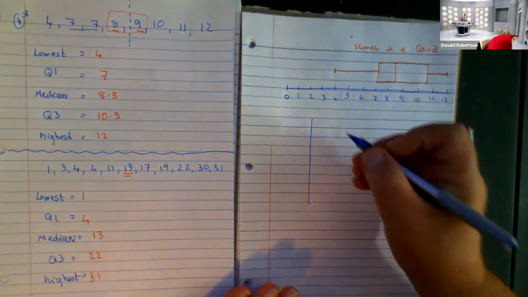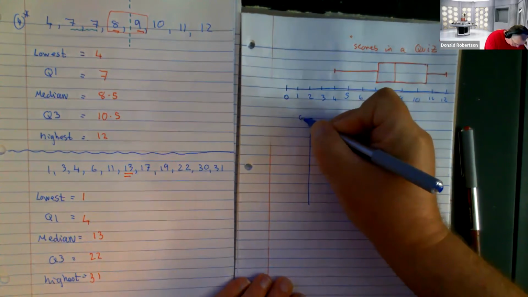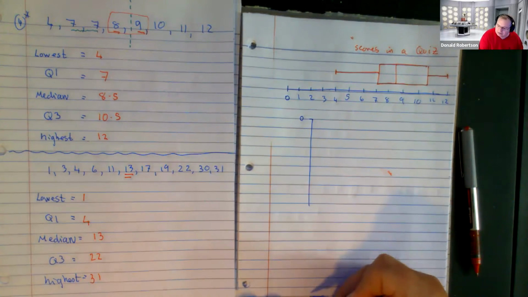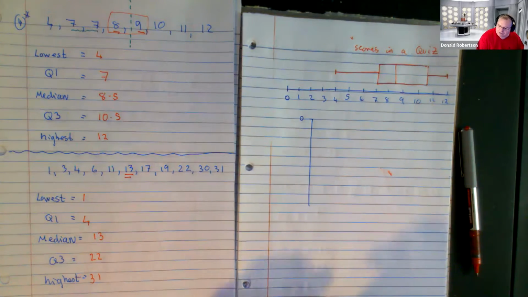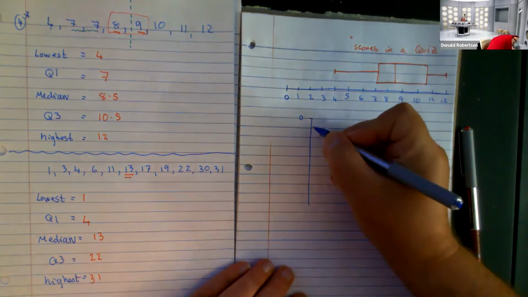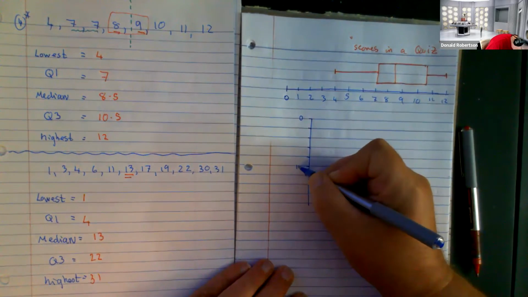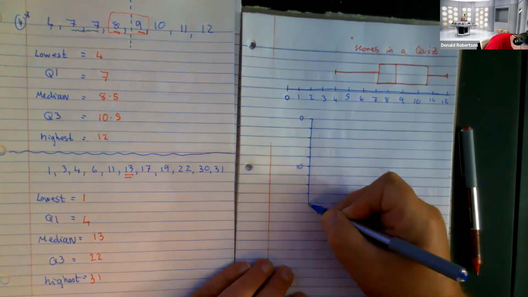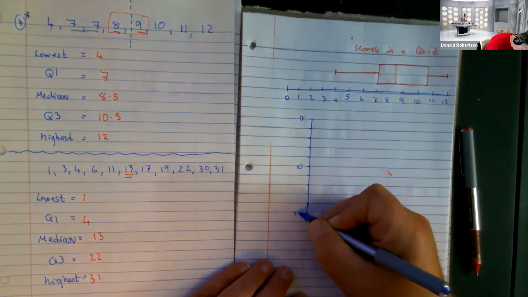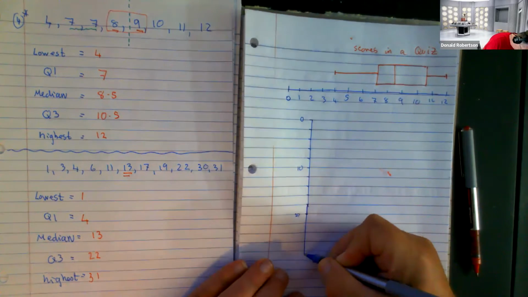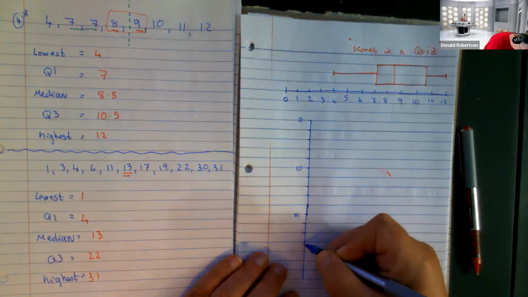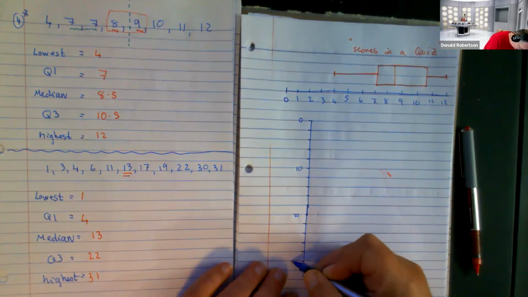So I'm going to have to be a bit more careful about my scale because I don't have 31 spaces. So it's okay to do a scale. So I'm going to go 2, 4, 6, 8, 10, 12, 14, 16, 18, 20, 22, 24, 26, 28, 30.